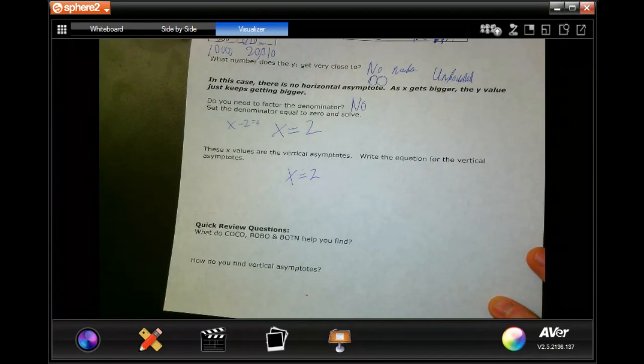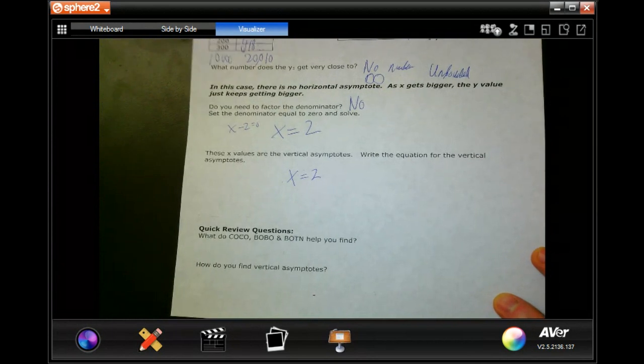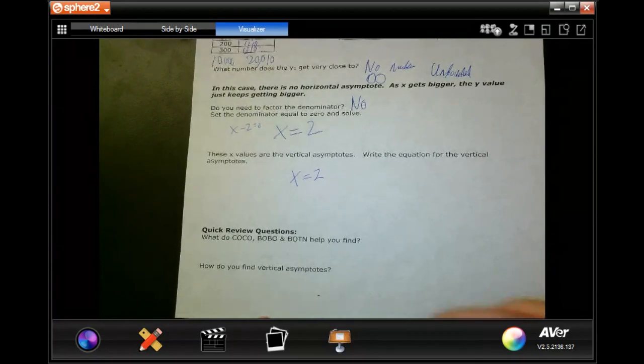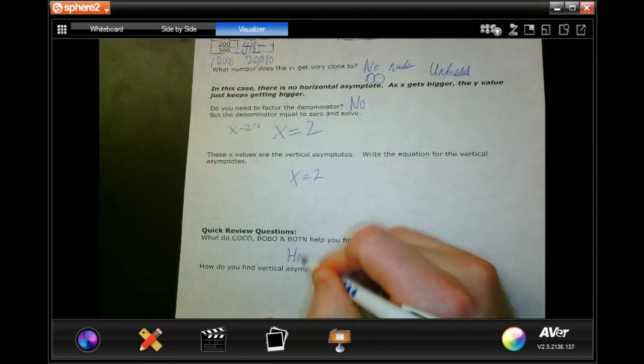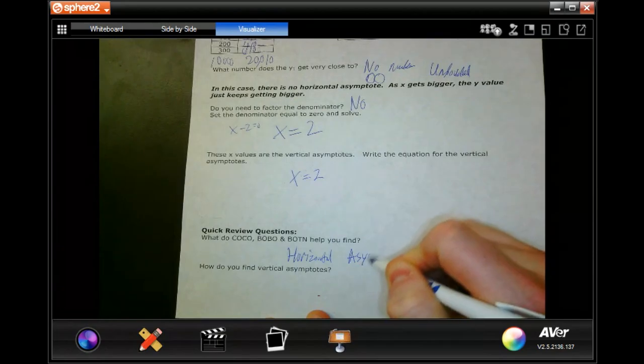Okay, so COCO, BOBO, and BOTN, these scary, hopefully more charming clowns that we have. What do they help you find? This is how you find horizontal asymptotes.